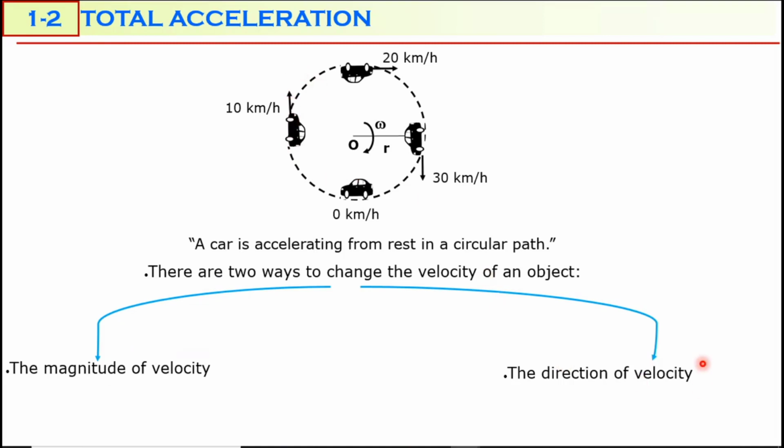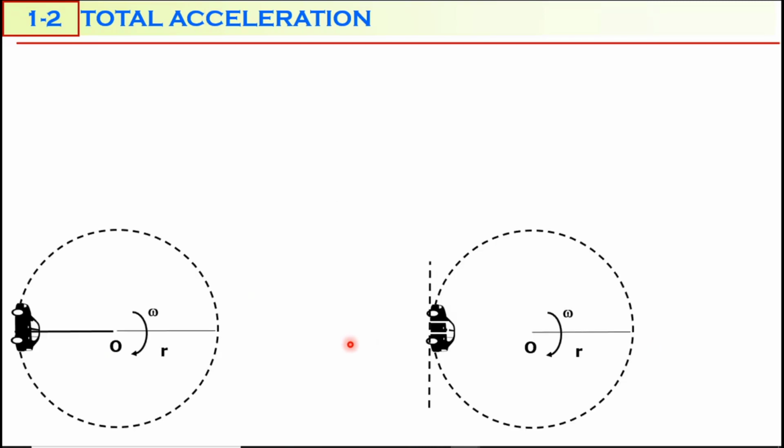And second, because the direction of velocity is changing as the car is moving, we are going to calculate a centripetal acceleration. Here this car has an acceleration which has two components. One component, because the car is speeding up, is the tangential acceleration. The second component, because the direction of the velocity is changing, is the centripetal acceleration. Then I'm going to combine them.